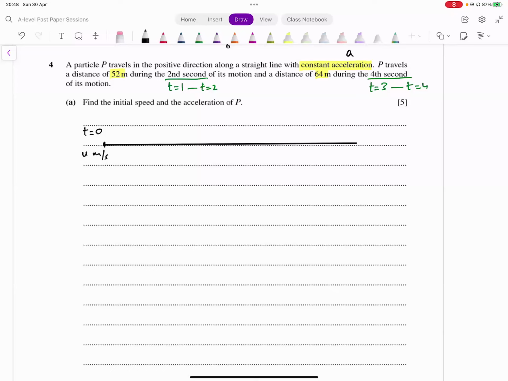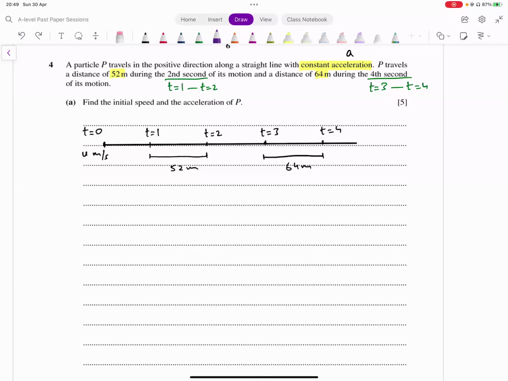Okay. अब time equals 1 होगा कहीं पे, और कहीं पे time equals 2 होगा, ठीक है. इस रीजन में उसने कितना डिस्टेंस ट्रैवल कर लिया, उसने ट्रैवल कर लिया 52 meters. फिर टाइम इक्वल्स 3 है, उसका हमें नहीं पता 2 से 3 तक क्या होता है, और हमें पता टाइम इक्वल्स 4 जब आता है तो तब वो क्या करता है, उस रीजन के अंदर वो ट्रैवल कर लेता है 64 meters. That is what is happening here. Okay, we need to find the value of u जब उसने जिस स्पीड पर उसने स्टार्ट किया and the acceleration. Now how do we think about this?